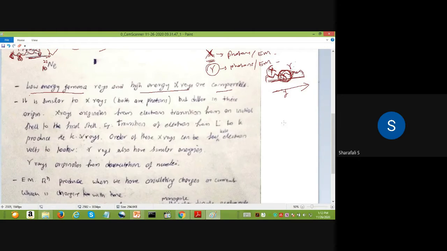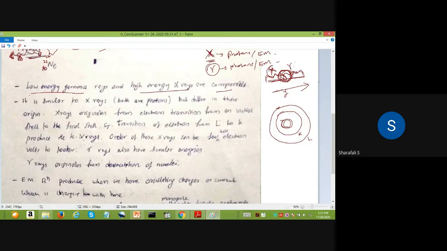X-rays come when electron excitation or de-excitation happens. For example, consider the atom with the Bohr model for an easy explanation. These are the orbits, the shells K, L, M, and like that.